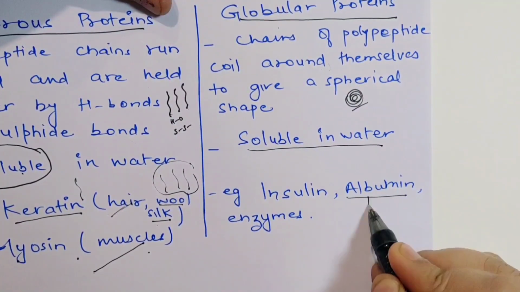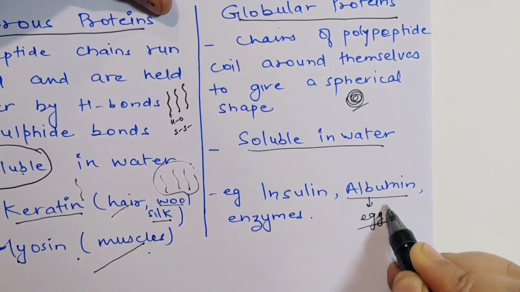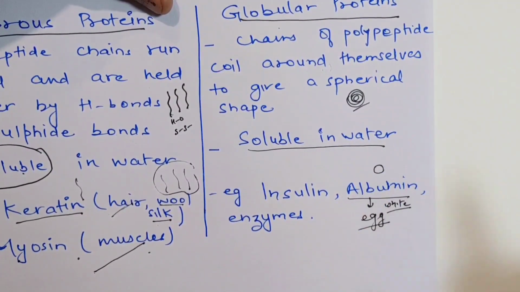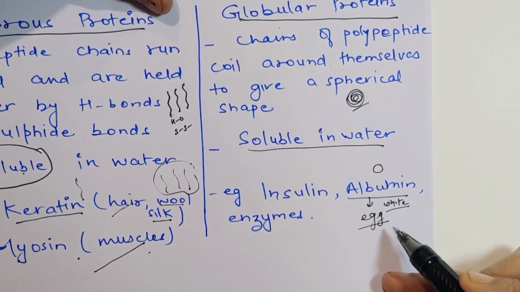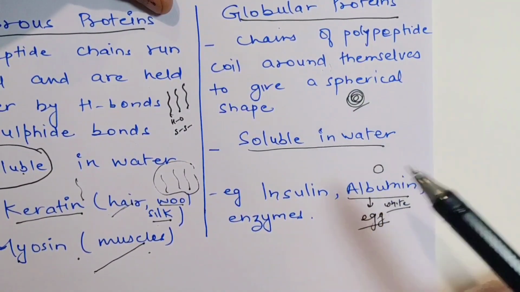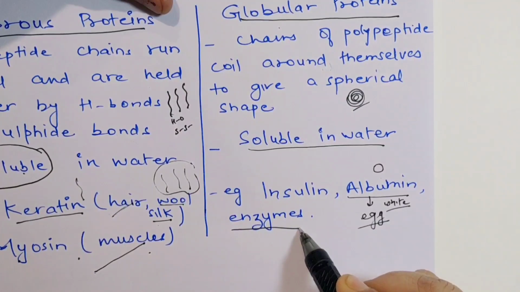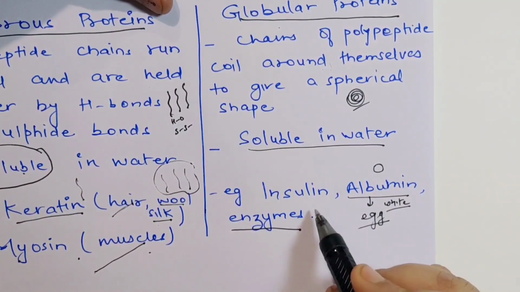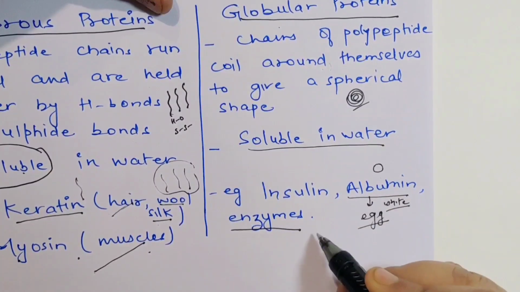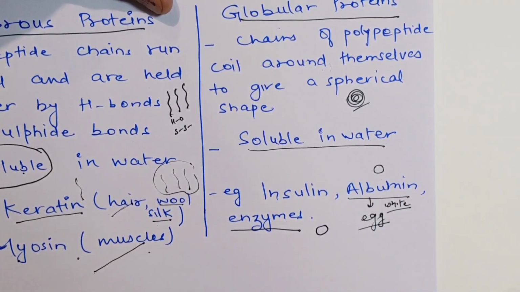Albumin is the protein found in the white of egg. That egg is spherical, so you remember that the protein inside it is also a globular, spherical protein. Enzymes are all globular proteins. I don't know about you, but whenever I think of enzymes, I think of a spherical shape. Insulin is another globular protein.